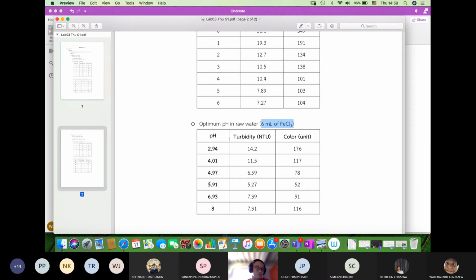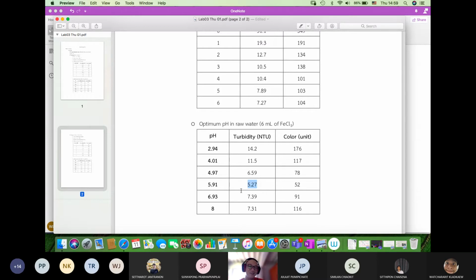They want to put 6, but it's really difficult to get exactly 6. That is why they put like 5.91. So this is acceptable. Anyway, the optimum pH is the same as the alums. So the pH about 6 gives the lowest turbidity.